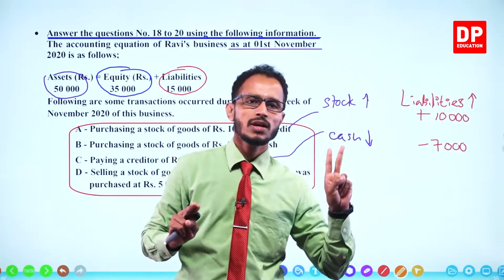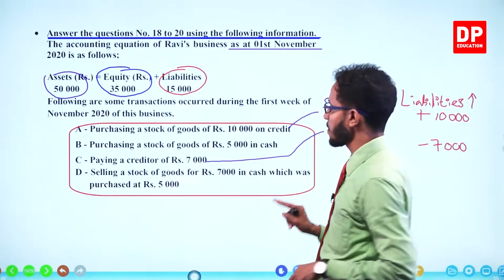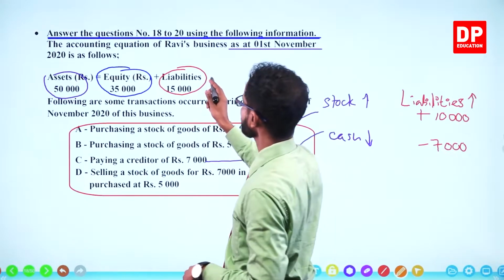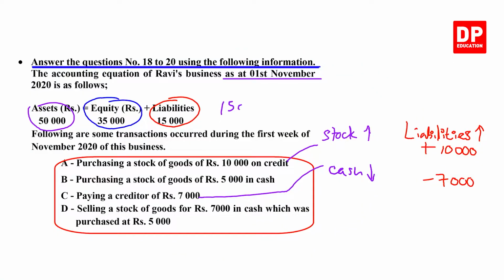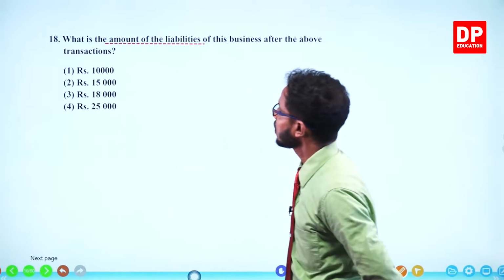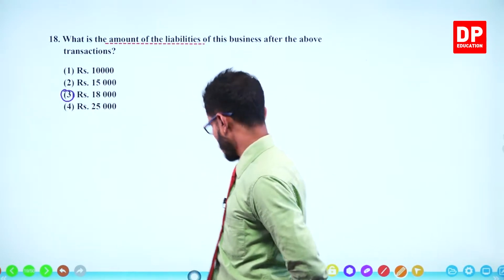Liabilities are 15,000 here, plus 10,000 is 25,000, minus 7,000 is 18,000. 18,000 is the answer. Go and see, it's there.